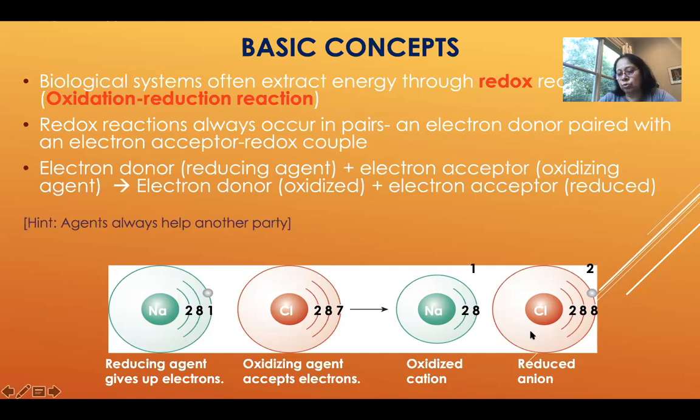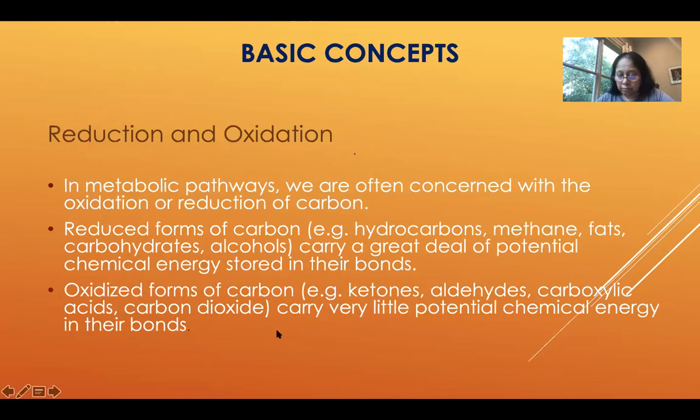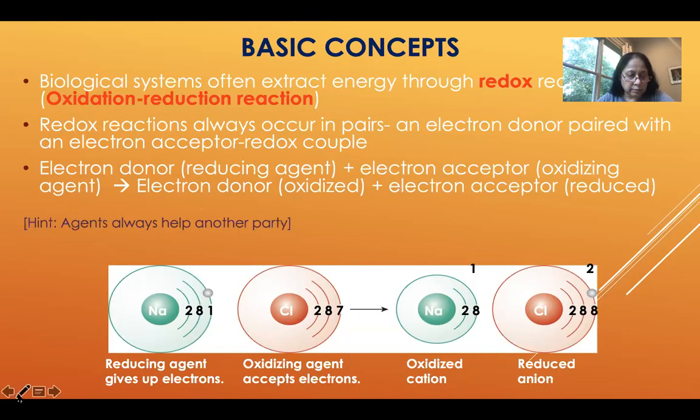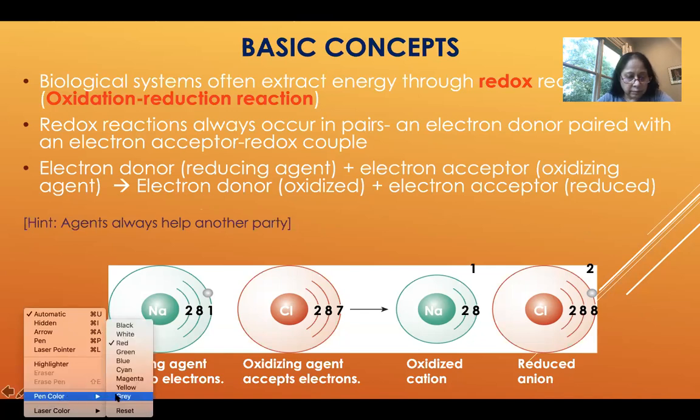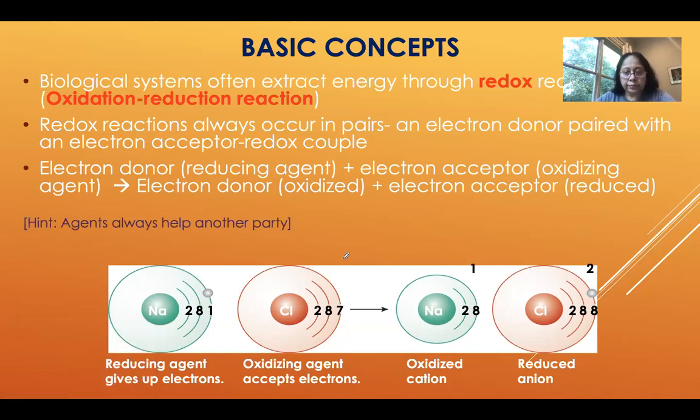Last chapter, I think we worked on the covalent bond. So what happens when sodium and chlorine together make sodium chloride? Sodium has 11 electrons, okay? Chlorine has 17, okay? And this is the electronic configuration for sodium, and this is for chlorine.